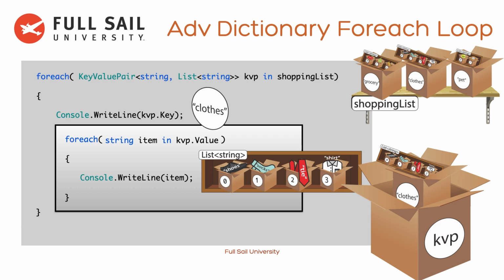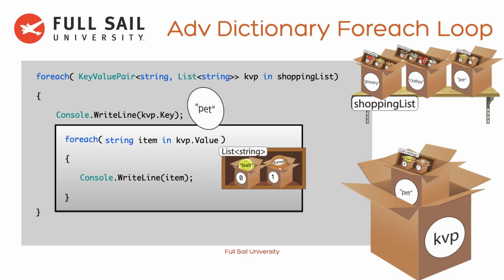Then we start our for each loop, and we're going to go through each item inside of the list of strings. So it's going to output shoes on one line, socks on one line, tie on one line, shirt on one line, and then it's going to be done with our list. So it's going to loop again and grab our next element, which is going to be pet. Then we're going to output ball and bowl. And it's going to do this for every single dictionary element inside of our whole dictionary.